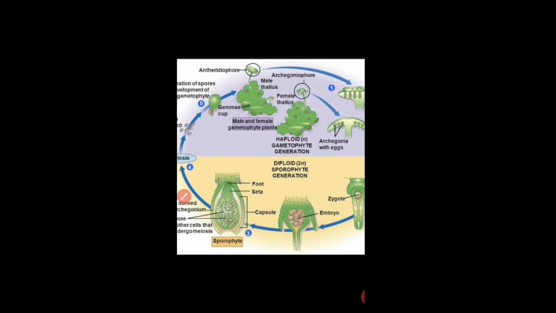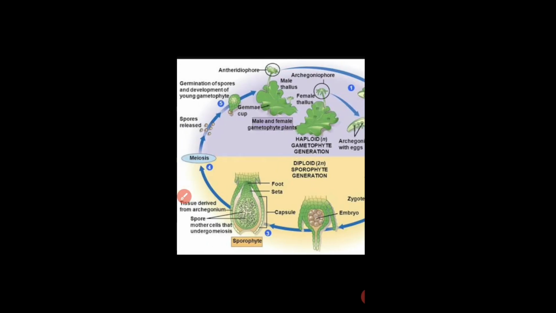So here you can see this is development of embryo. Now this will develop into sporophyte. So that also develops within archegonium. Next, the spore mother cells undergo meiosis and it develops and will form foot, seta, and capsule.